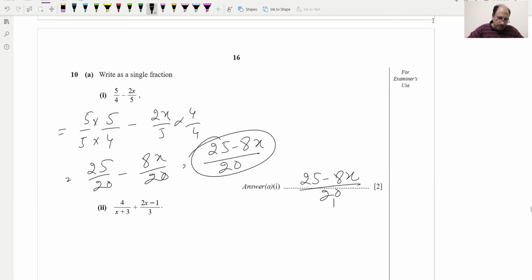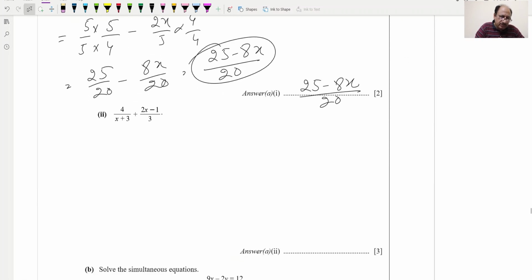Similarly, we can solve the second part also. The second part says this fraction plus these two we have to add. So we can take the LCM, which will be 3 into x plus 3, and 4 multiplied by 3 will be 12, plus we multiply 2x minus 1 by x minus 3, so we write 2x minus 1 into x plus 3.